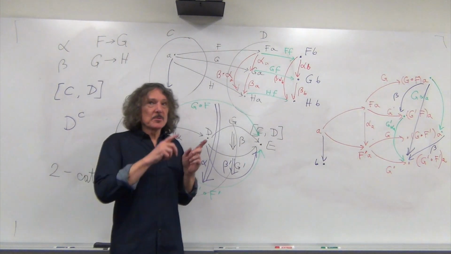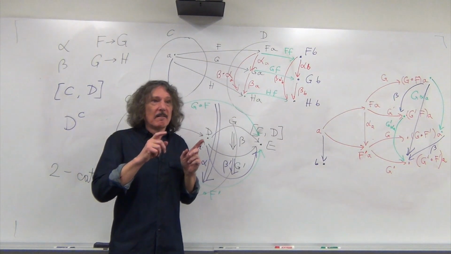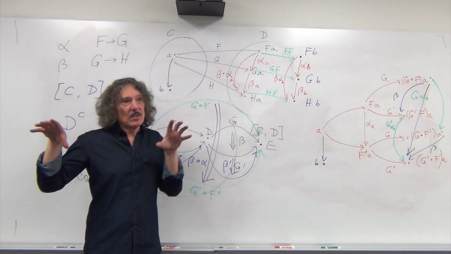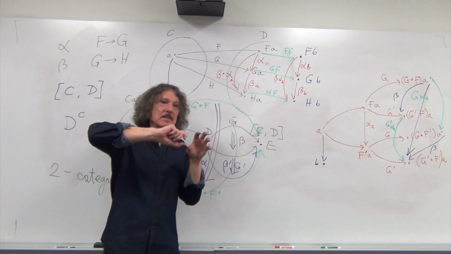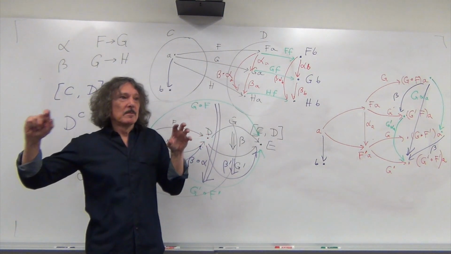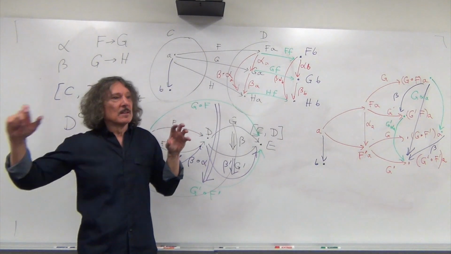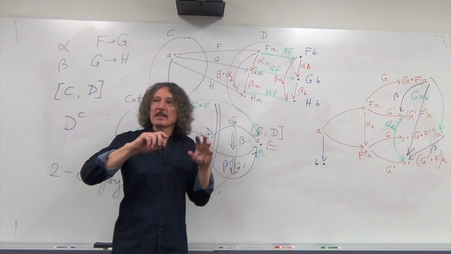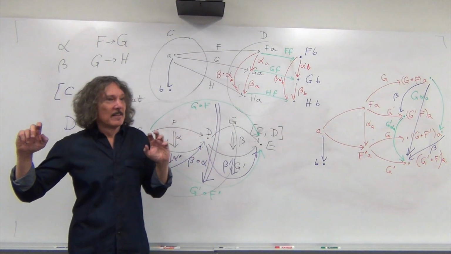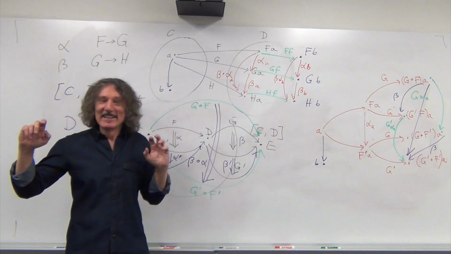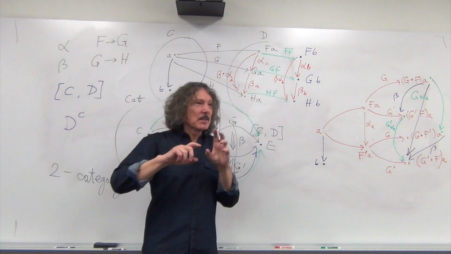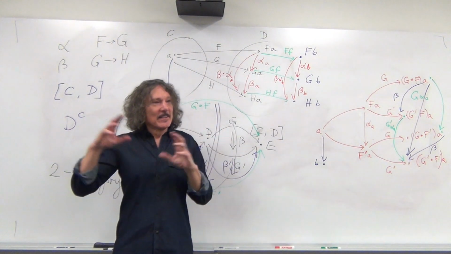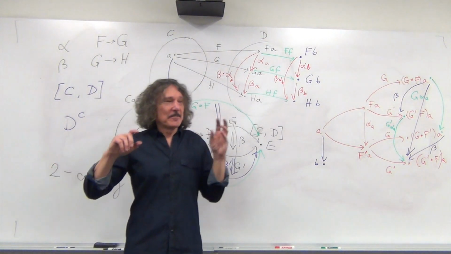So if you associate one way and associate the other way, then they are not equal, but there is a morphism between them, right? This morphism, let's call it an associator, okay? And same with identity: left identity, right identity.